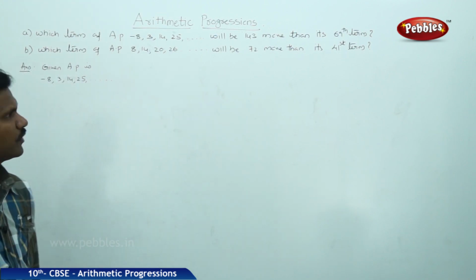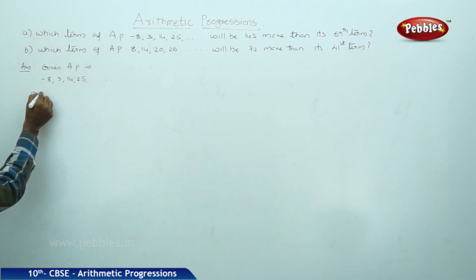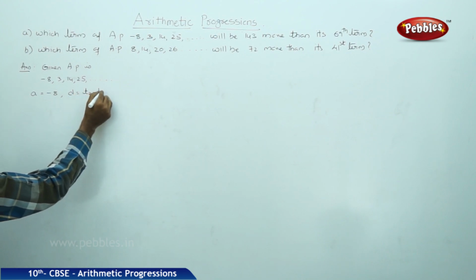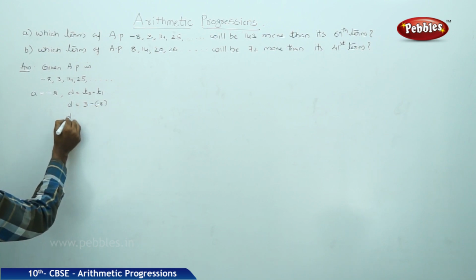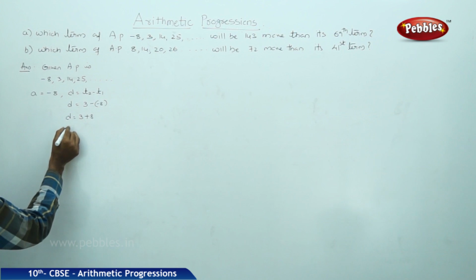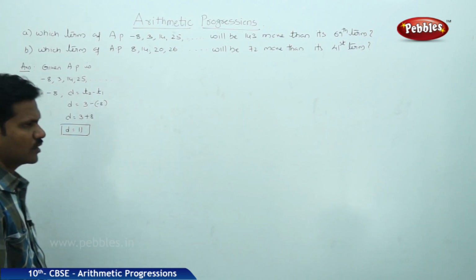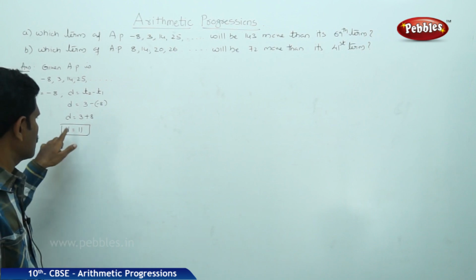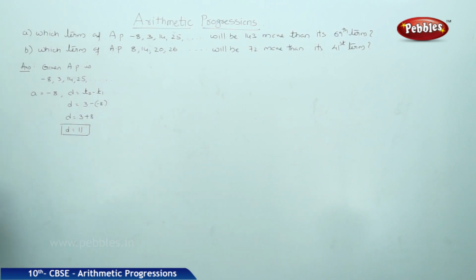From this, first identify the values of A and D. First term A is equal to minus 8, D is equal to T2 minus T1, that is D is equal to 3 minus of minus 8, that is D is equal to 3 plus 8, that is D is equal to 11. Now I am ready with the values of first term A is minus 8 and the common difference D is equal to 11. Now from the data, which term of AP?